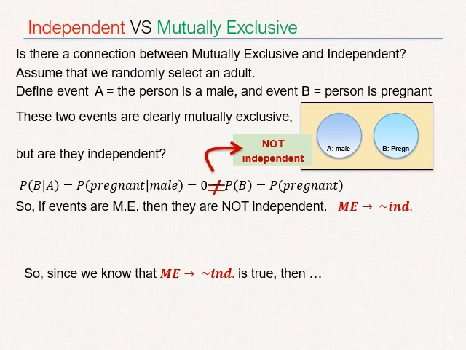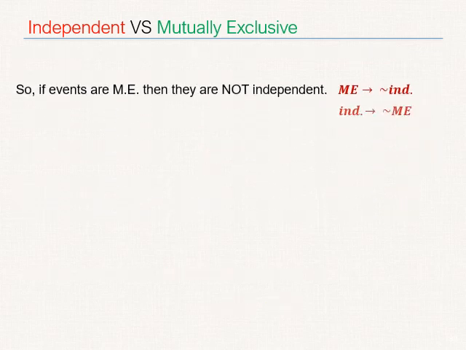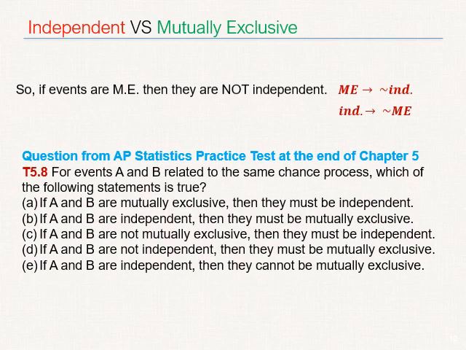So independence would give us not mutually exclusive. Knowing those two things, mutual exclusivity ensures that we are not independent, and independence also ensures that we are not mutually exclusive.